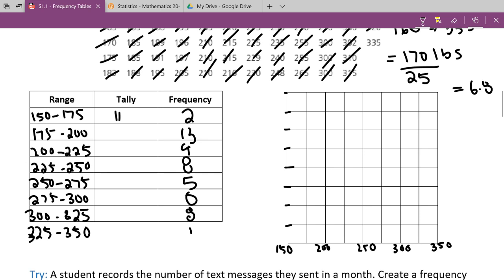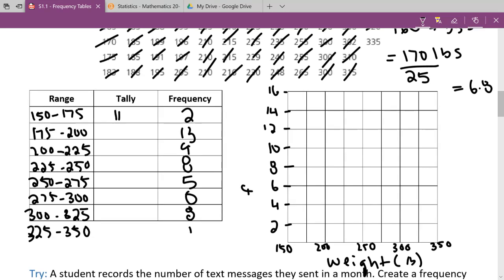So I'm going to go up by 2s instead. 2, 4, 6, 8, 10, 12, 14, 16. Again, put your labels. So bottom axis is weight in pounds. Side axis is frequency. And that's what our y-axis is always going to be for these histograms, is how often did those points show up, those values.